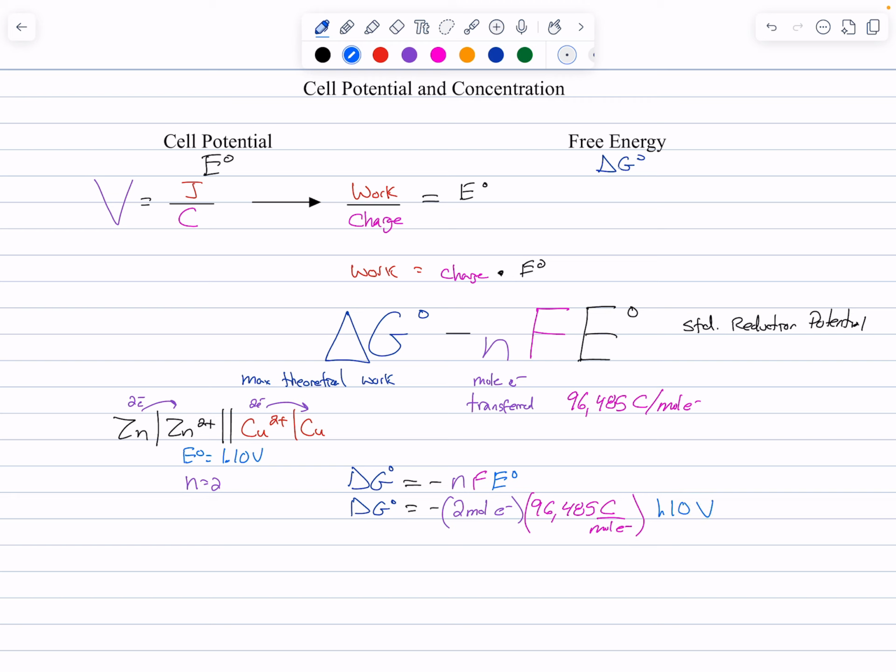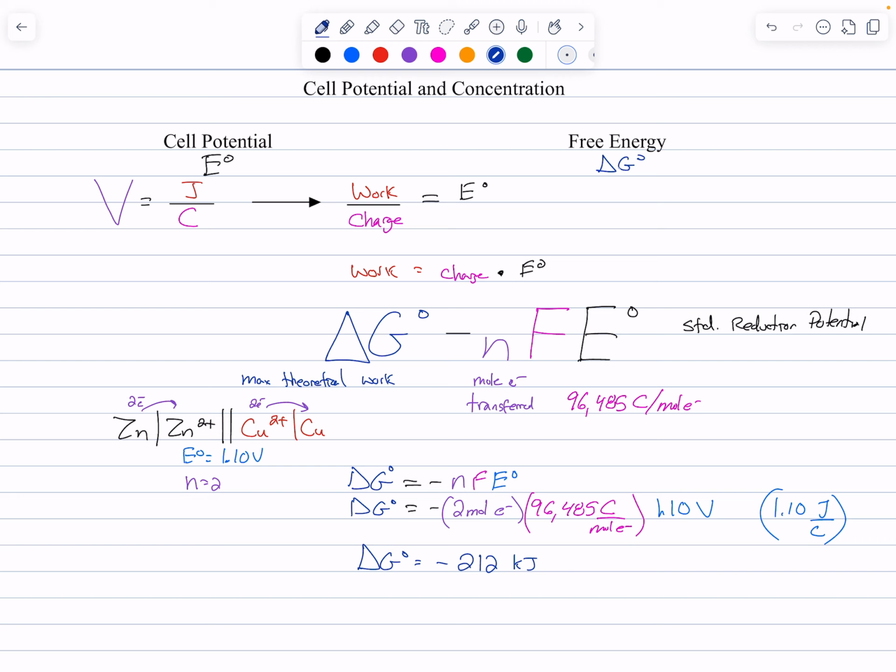Now remember, that's the same thing as 1.10 joules per coulomb. So the coulombs cancel, and the moles of electrons cancel, and you're left with joules. If we do this math, delta G would be negative 212 kilojoules of work that could potentially come out of this cell. That's kind of cool, huh? So we can figure out how much work we can do with the cell potential.